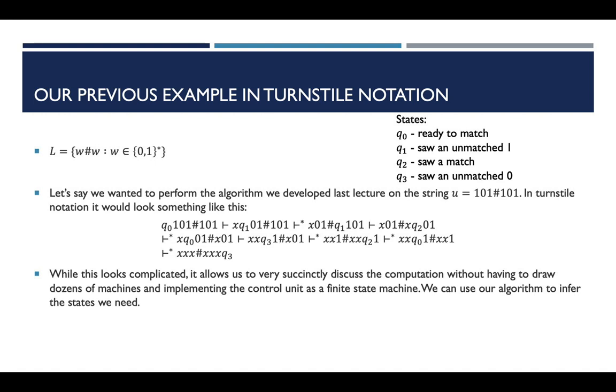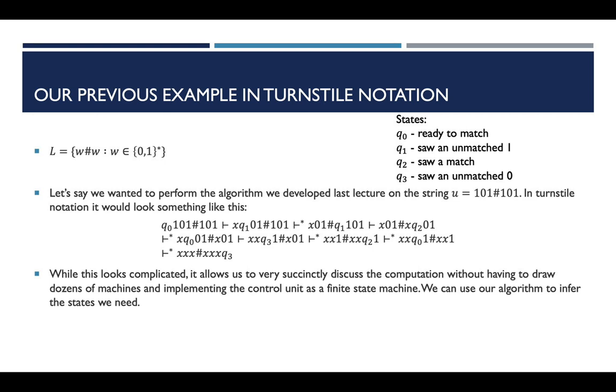So what I want to get across is that if you just picked up a book and you had never been shown turnstile notation, if you had no idea what it actually meant, and you looked at this computation on a random page in a random computer theory book that you picked up at the library, you might be extremely weirded out by the symbology.